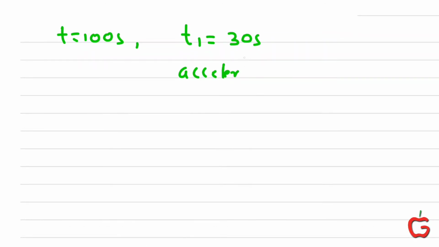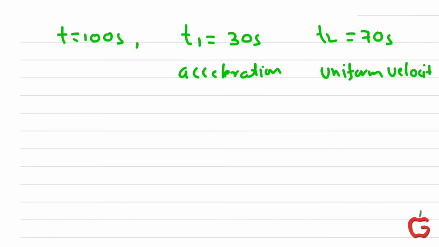So for 100 seconds, I'm taking two time intervals, 30 seconds in which the body experiences acceleration and the remaining 70 seconds which will be uniform speed or uniform velocity since there will be no force.